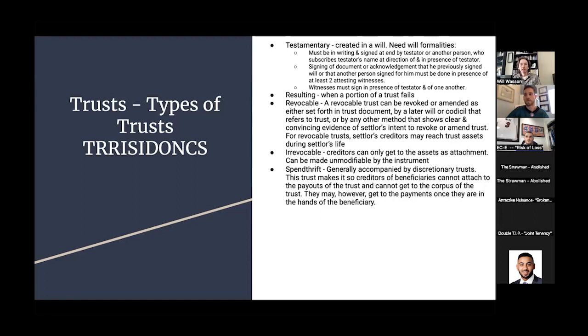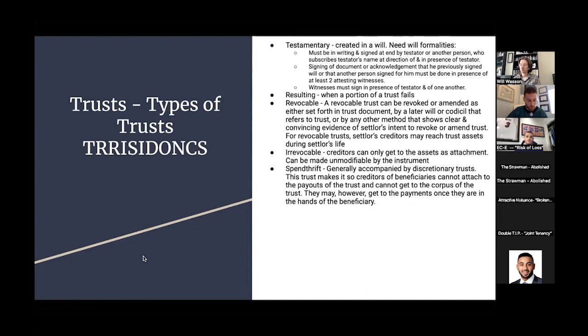One thing I want to mention too is in Florida, does anyone know, are trusts presumed revocable or irrevocable? They're presumed revocable. Now, if you want to make a trust that's really hard to pierce, what should you make it? Irrevocable. That's kind of the way I think about revocable versus irrevocable.